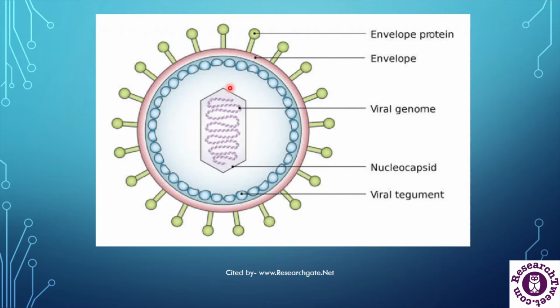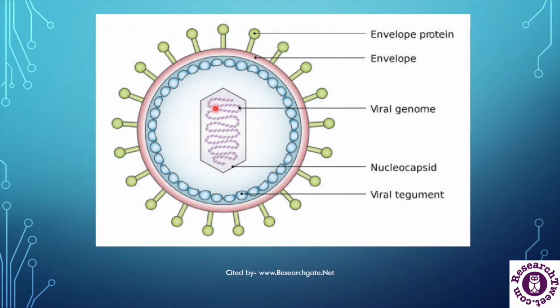In the core of this structure, we can see the viral genome, and this genome can vary. It can be DNA or RNA, and according to the genetic material of the virus, it can be categorized into different classes. This viral genome is surrounded by a nucleocapsid, which is a proteinous covering called the capsid.